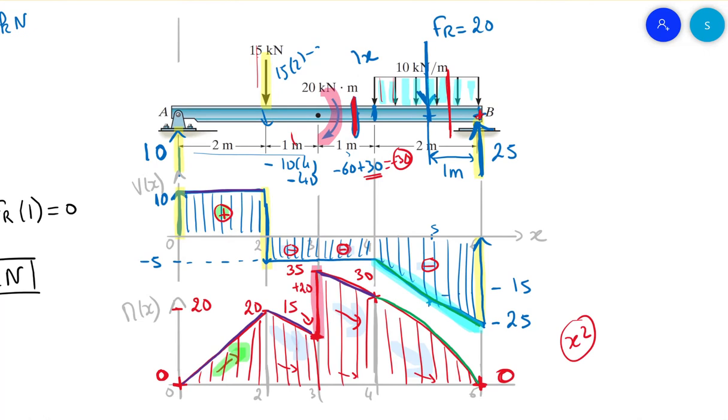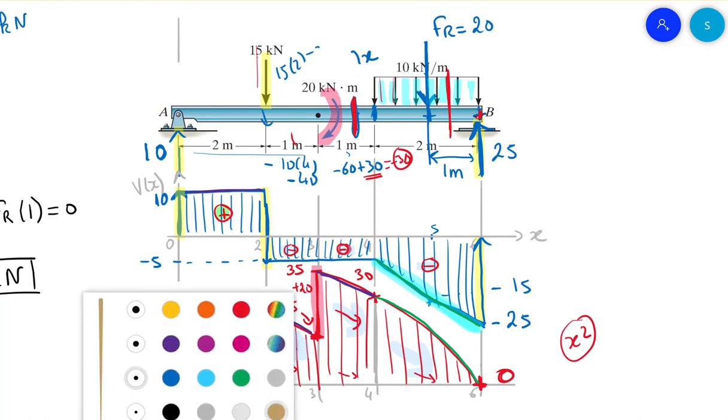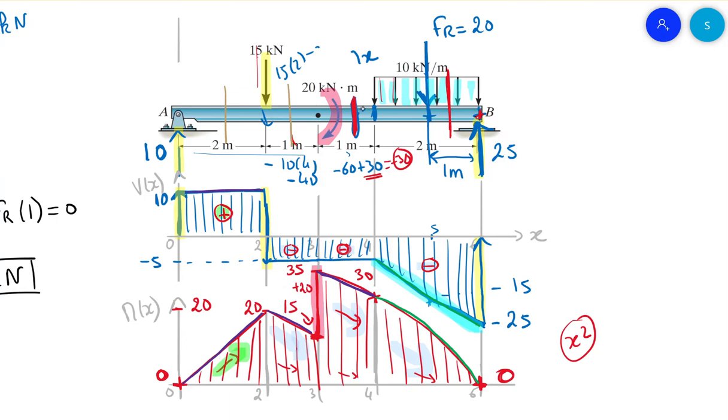If you want, you can cut everywhere and solve for the internal force and bending moment at any point using x to find the function of all of them. This one you will find 10, this one you will find -5, this one you will find 10 x for 2, so 5x.